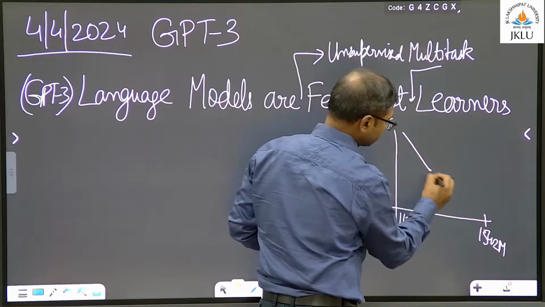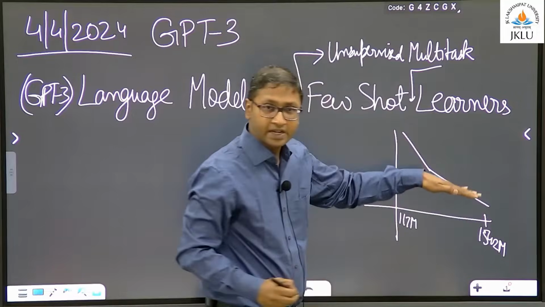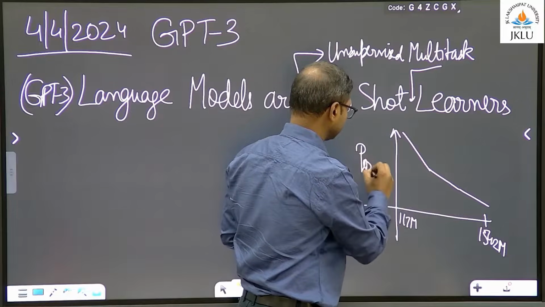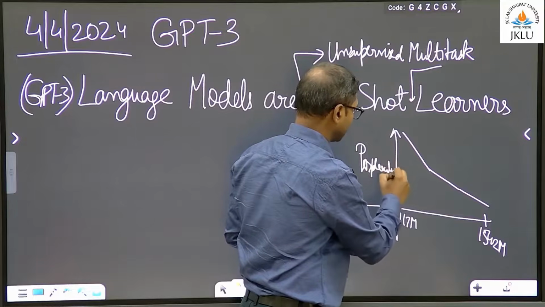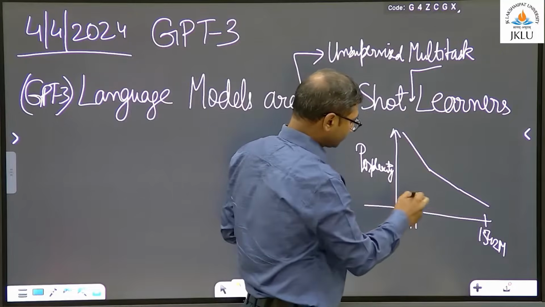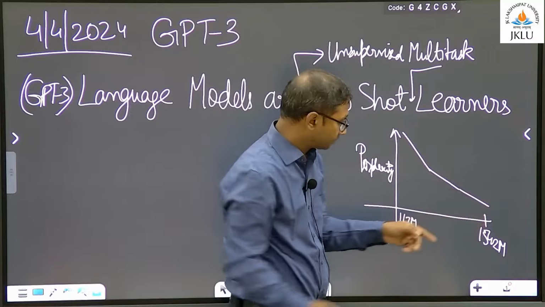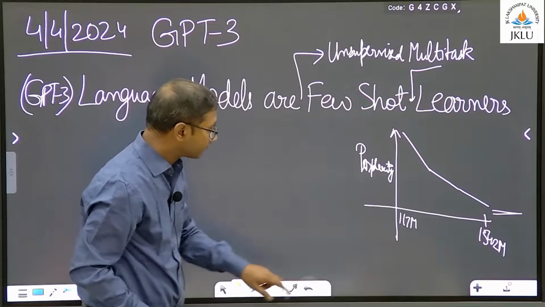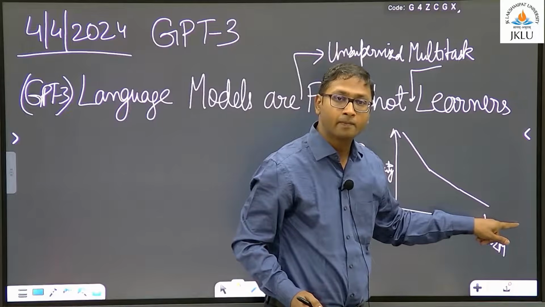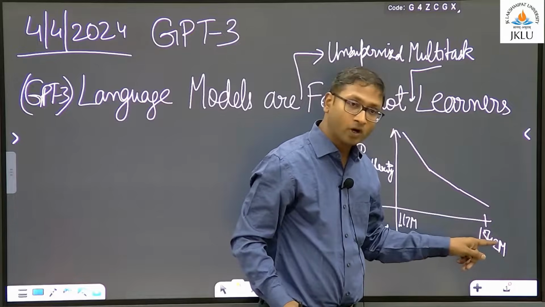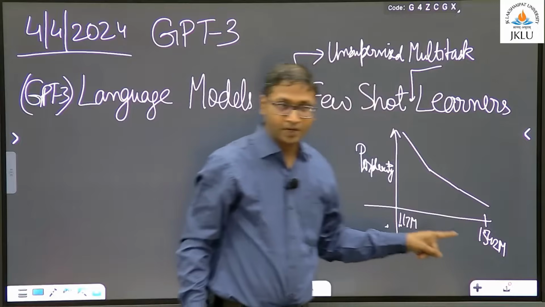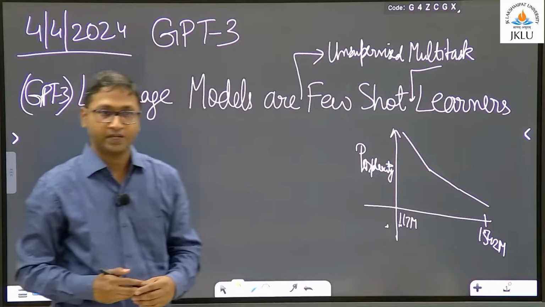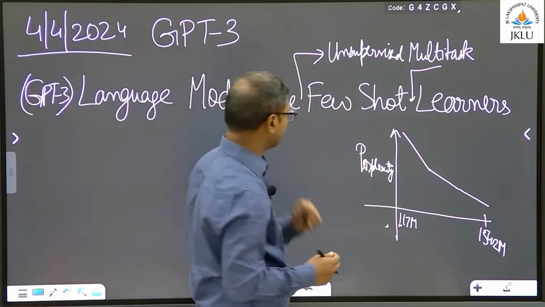On this side you have perplexity, which is basically a performance measure for language modeling. With increase in parameter size, this has still not plateaued. And if this has not plateaued, what can we say? There is room for increasing the number of parameters so that I can get a flattened curve there, right? So this is where we start.